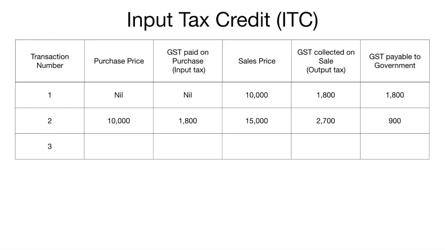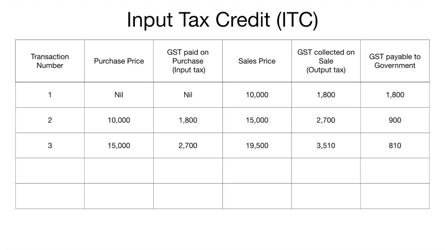Transaction 3. Purchase price 15,000. GST paid on purchase by Akshay 2,700. Sale price 19,500. GST collected on sale by Akshay from Ramesh 3,510. GST payable to government by Akshay 810.